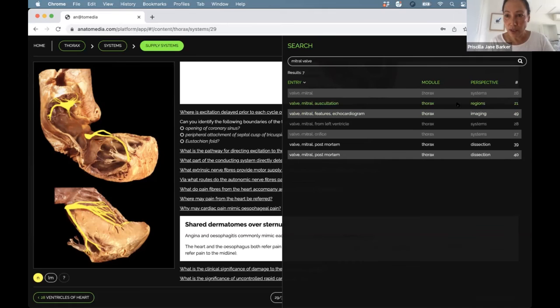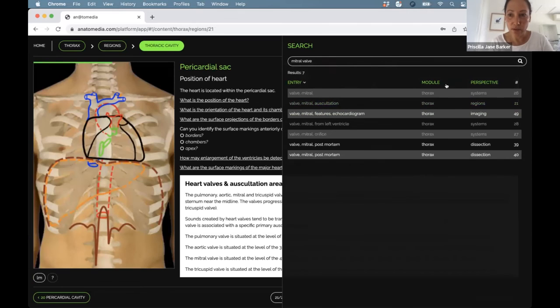But if you are interested in learning where to listen, so also auscultate, for the mitral valve, you might want to go to regions, and that will give you the exact spot to position to listen for the mitral valve contraction.